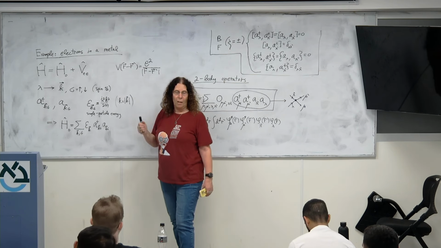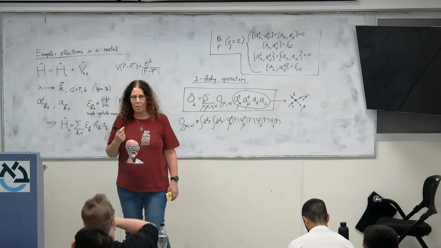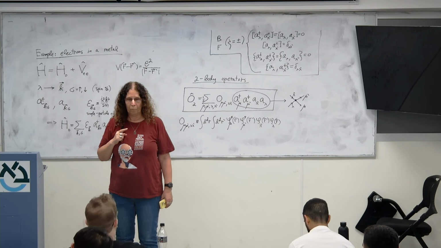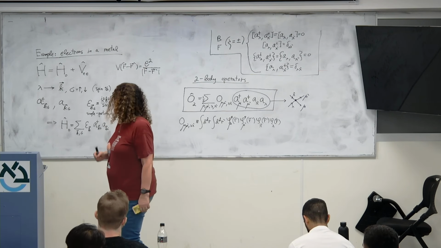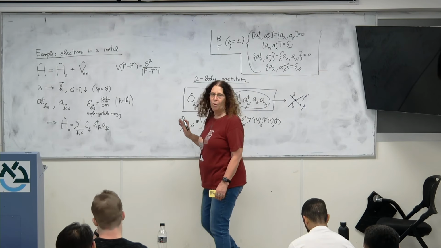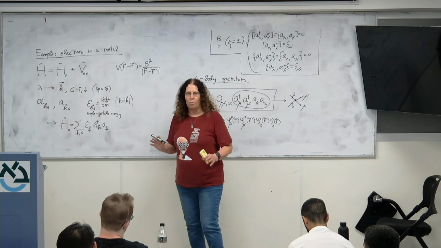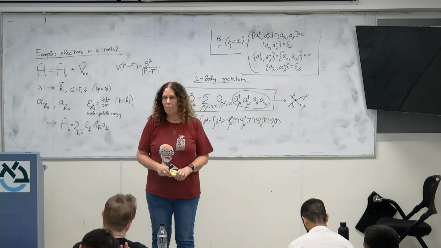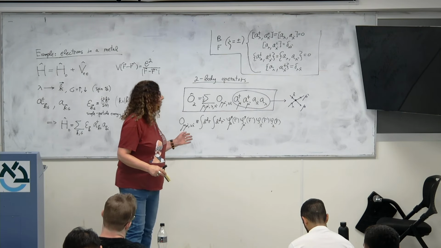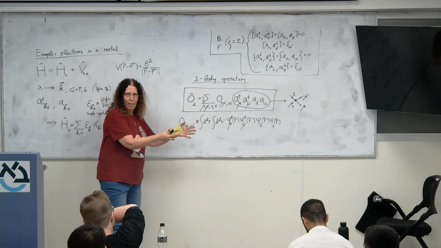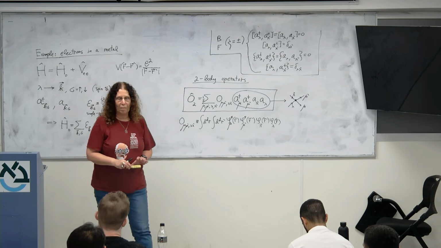One of the indices will be redundant, because we have momentum conservation in any collision process. So after the break, I'll show you a quick way of how to write the interaction that will give us the right answer. Today we're just going to write it and not do anything with it.